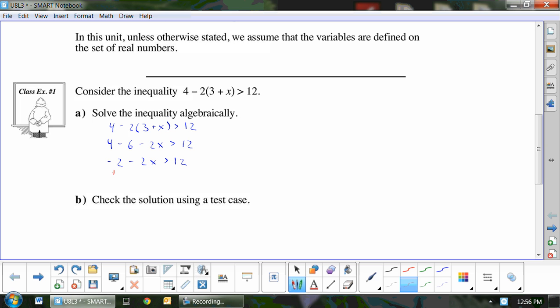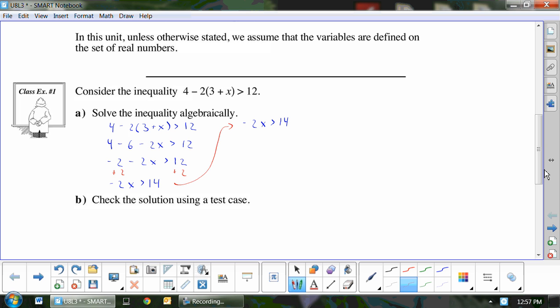And we want to get our x on one side and all of our other numbers on the other. So get negative 2x greater than 14. And then we want to divide by negative 2. So what happens when we divide by a negative number?